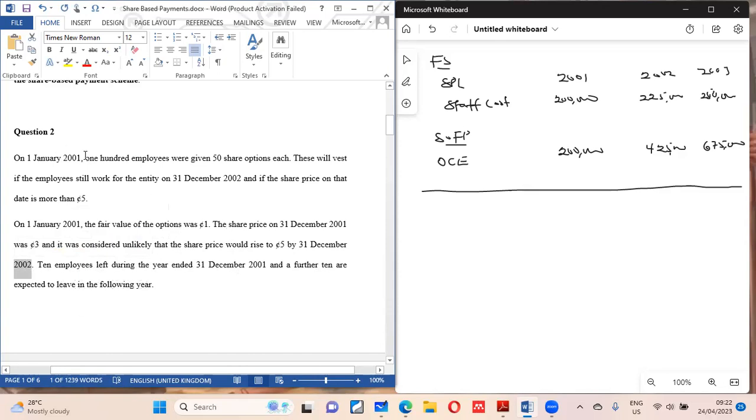This is the terms of the agreement. The grant date is this date, right? What is the vesting date?